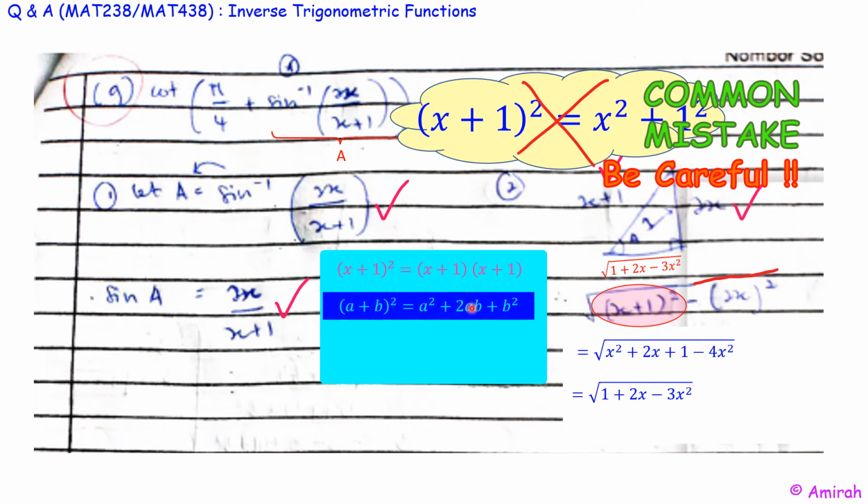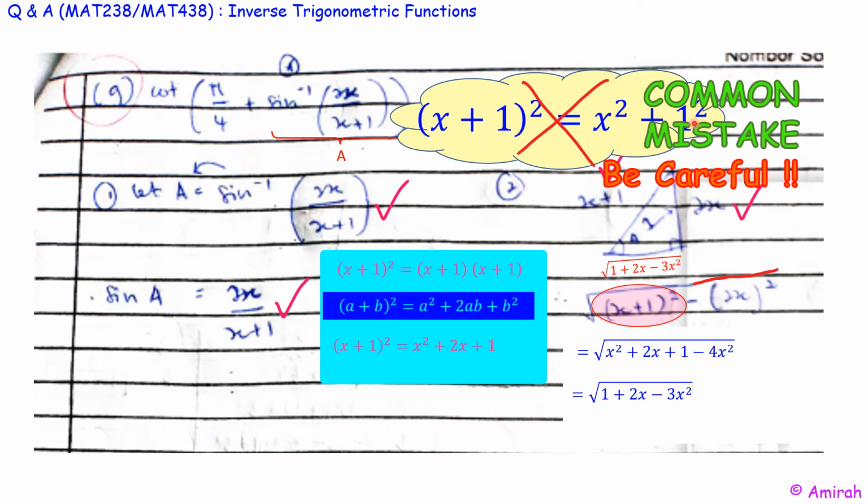So using this formula, so either kita nak expand ni one by one ataupun kita guna formula yang ni. So kita akan dapat x plus 1 bracket squared equals to depan kuasa 2 tambah kuasa darab depan darab belakang. So 2 darab x darab 1. So dapat 2x and then plus 1 squared equals to 1. Right? This is the correct method when we expand x plus 1 bracket squared.